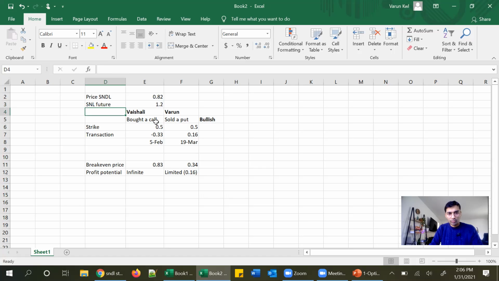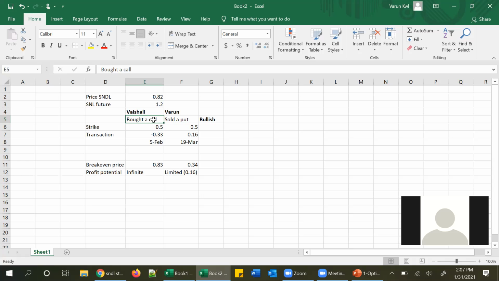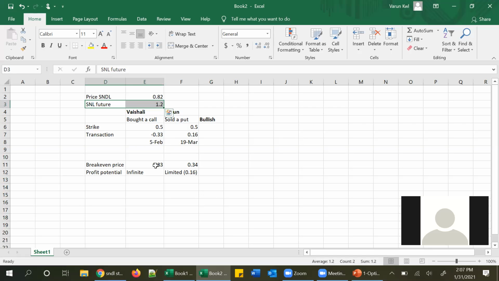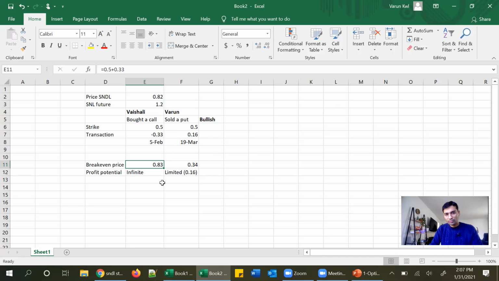In both cases, both of us are going to make money. She has bought a call and I have sold a put. Both of us are bullish, and the stock has shown the bullishness. Both of us are going to make quick money, but she is going to make more, because it is 1.2 minus 0.83.